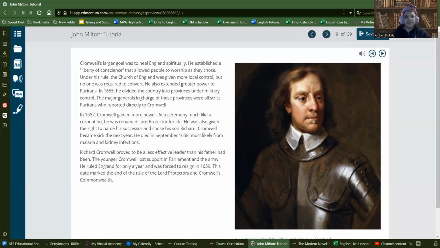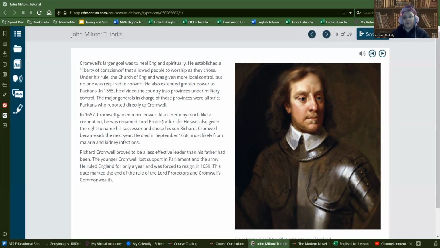He even picked his son to be his successor. And it's a good thing he did because he died the year after, in September 1658. It says most likely from malaria and kidney infections.